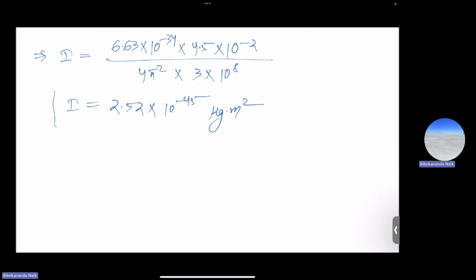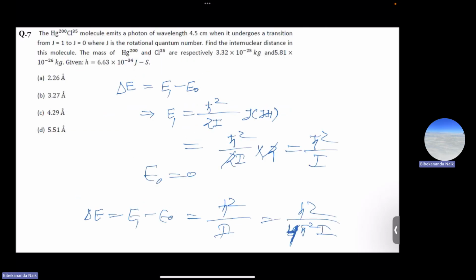So this is the correct answer, 2.52 into 10 to the power minus 45.